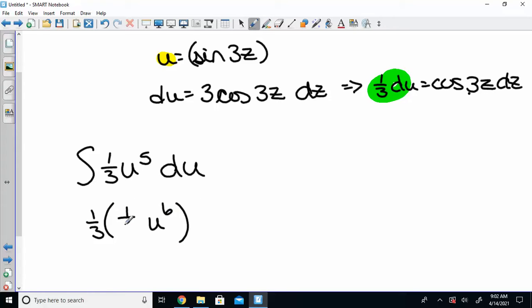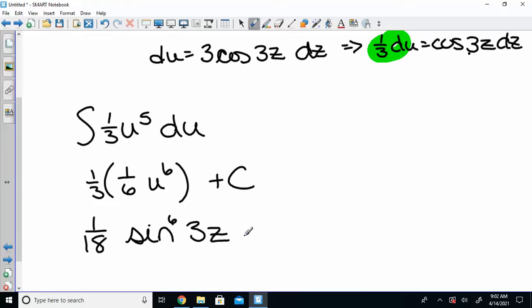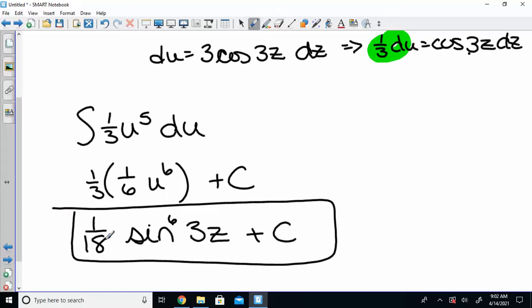So you need the reciprocal in front, which is 1/6. So we get 1/18. We have to replace our u. That was sine of 3z to the 6th, so you can put this in parentheses with the 6 on the outside, or sine to the 6th, plus c. Does that make sense to everybody?